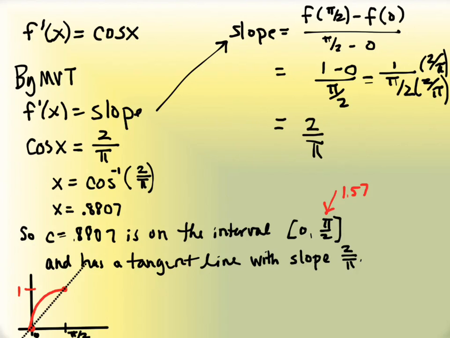But the C value is the location between 0 and pi over 2 that has this same slope for its tangent line, right? So roughly, maybe around right here. Move it over just a little bit. There we go. And again, if I draw the tangent line then, okay.